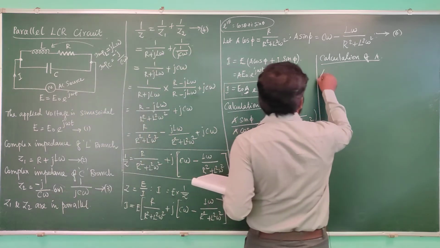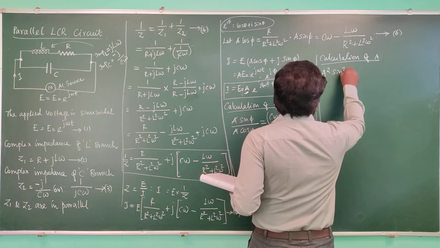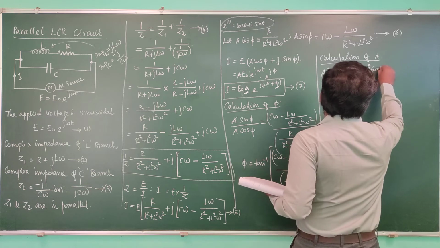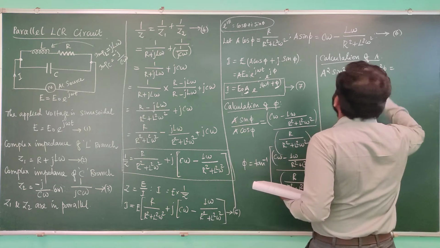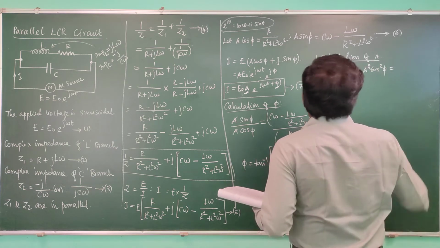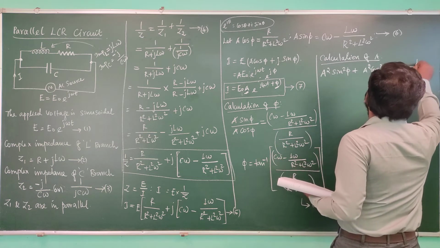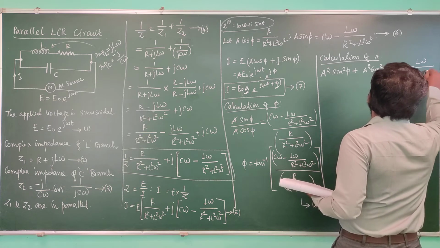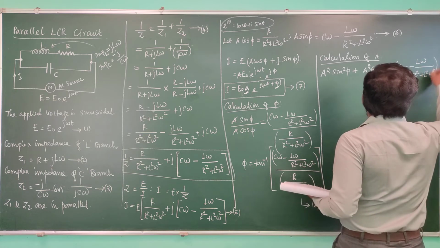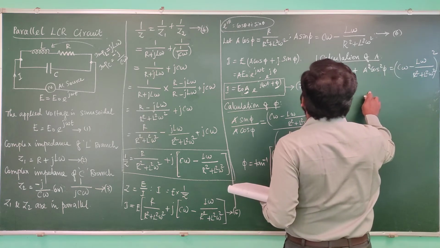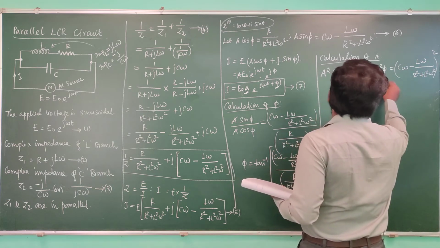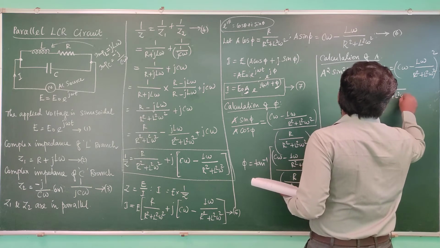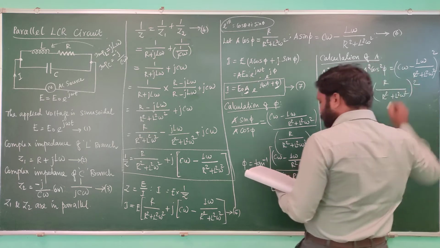So a square sin square phi plus a square cos square phi is equal to (C omega minus L omega) by (R square plus L square omega square), the whole square, plus R by (R square plus L square omega square), the whole square.